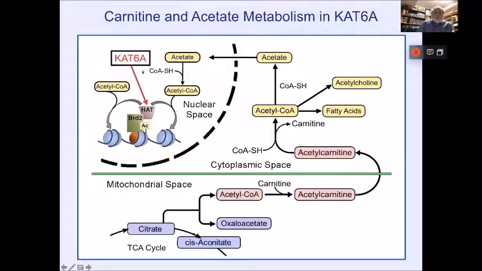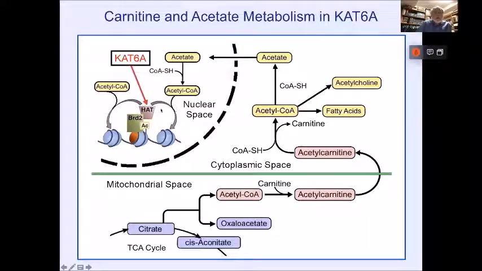biochemical geneticists do, what metabolic specialists do, to make a weak enzyme work better, simply flooding that enzyme or giving that enzyme a lot of what it needs to work, in this case acetyl-CoA, can increase the activity from a baseline of 50% to maybe 60 or 70%, which can really make a big difference the way these systems work.